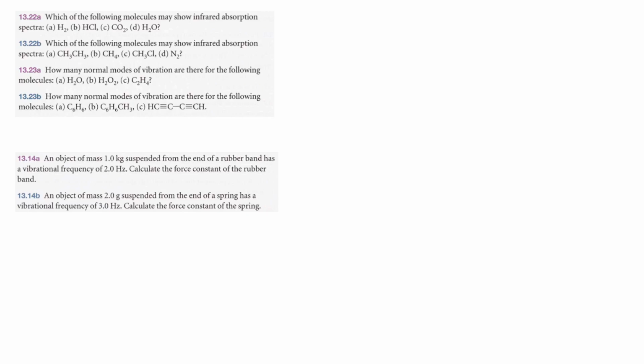H2 will not show. It doesn't have a permanent dipole moment, and also when there is some oscillation, it is a linear diatomic molecule. So any change would lead to no change in the dipole moment. So H2 is not infrared active.